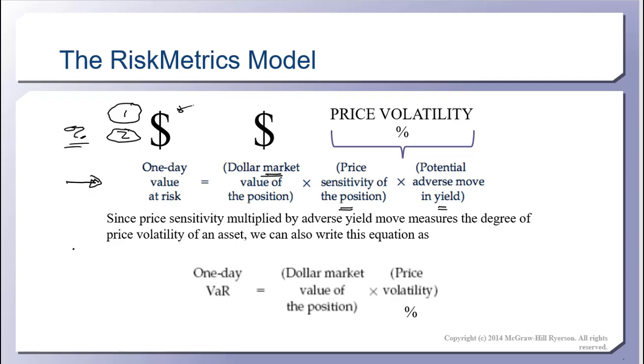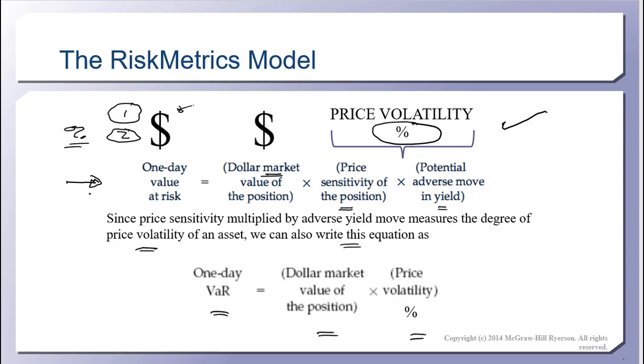Since price sensitivity multiplied by adverse yield move measures the degree of price volatility of an asset, we can also write this equation as the one-day VAR equals the dollar market value of the position times the price volatility, and that's a percentage. We saw this previously, but now we're reviewing it again: the price sensitivity of the position times the potential adverse move in yield is how we calculate the price volatility, and that is given as a percentage.